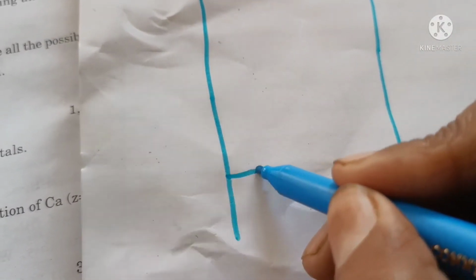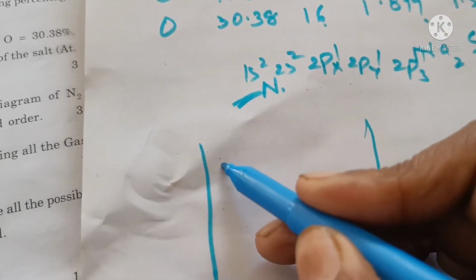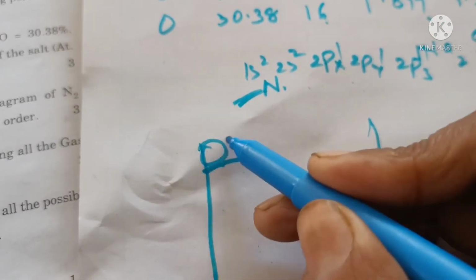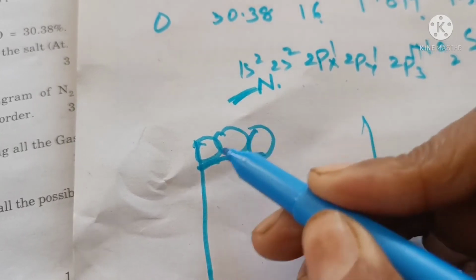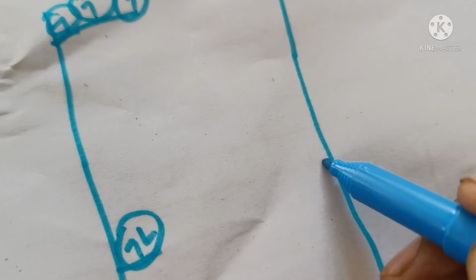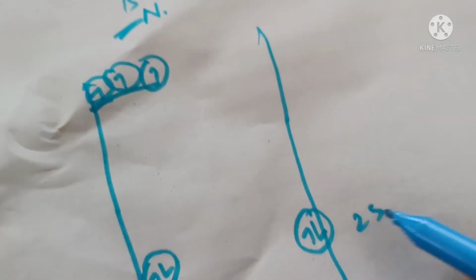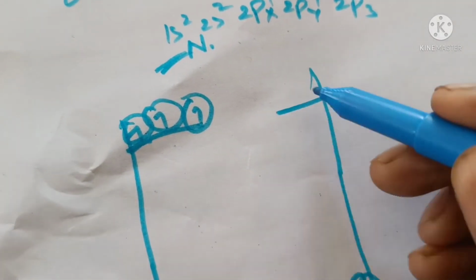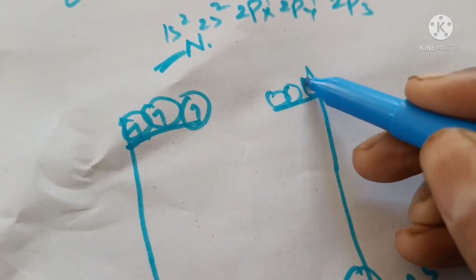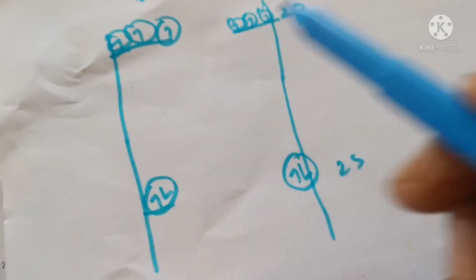We have 2s2 and 2px1, 2py1 and 2pz1, one each here. Similarly, for the second nitrogen atom, we have 2s2 and 2px1, 2py1 and 2pz1. So these are the atomic orbitals.